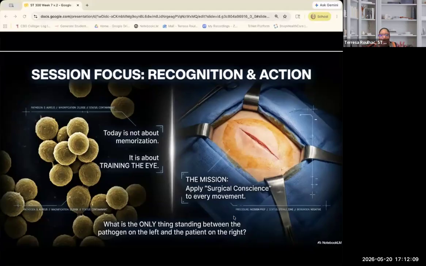So this is why we're training to see what others do miss as CSTs. So when you scrub in 7 weeks, because I'm trying to make it real, right? In 7 weeks, you're not just setting up instruments. You are standing between this microorganism and this very vulnerable incision. Okay? Remember that line is obsolete.